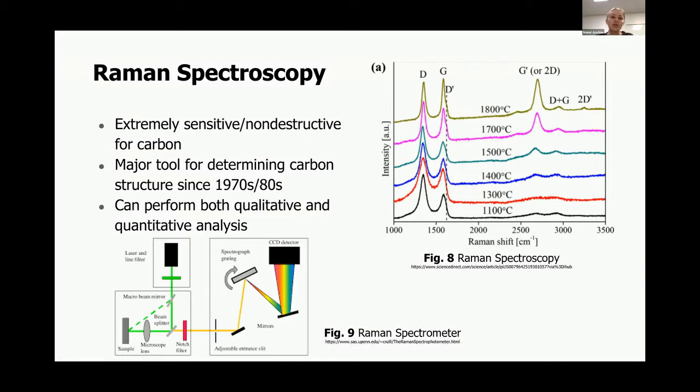And again, that's going to characterize molecules by using their vibrational frequencies. So Raman spectroscopy can be used to perform both qualitative and quantitative analysis because it can identify which molecules are present, and it can also identify how much is present in a sample.